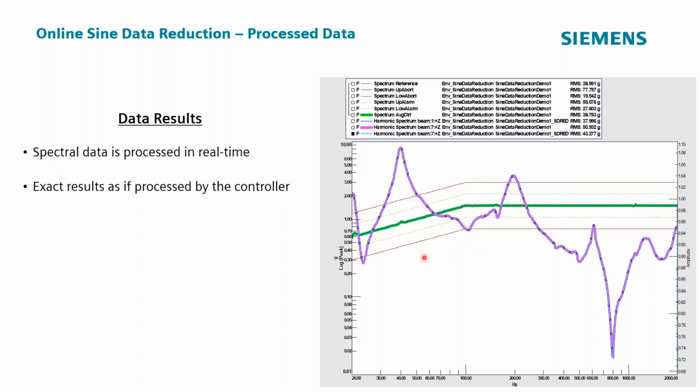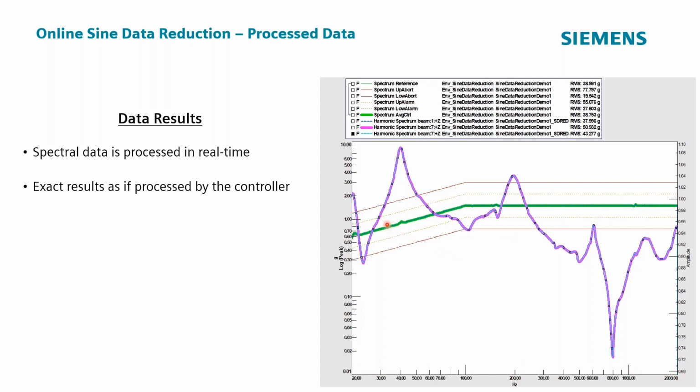Correct. This spectrum that you deal with in sine data reduction, or your sine controller, isn't our standard spectrum that we talk about in digital signal processing, right? Because that takes one block of data, does an FFT and gets you a spectrum. And in sine, you're going to end up with a spectrum that's basically zero until the frequency you're at, and you get a spike with the amplitude.